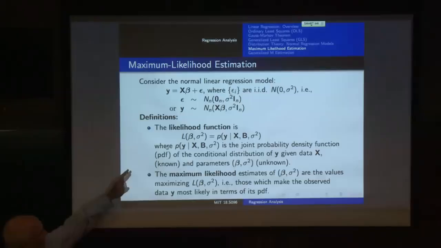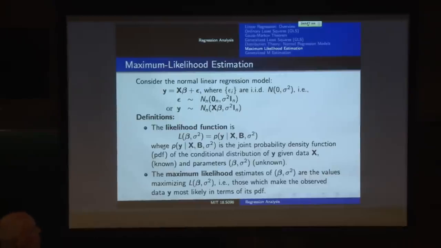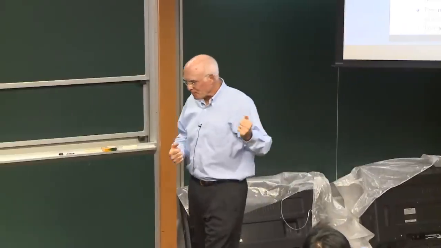The challenge really in maximum likelihood estimation is calculating and computing the likelihood function. And with normal linear regression models, it's very easy. Now, the maximum likelihood estimates are those values that maximize this function.